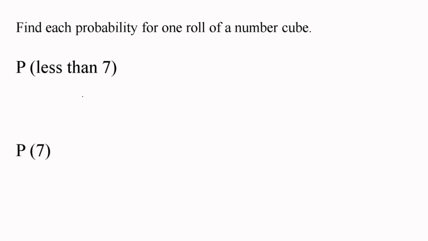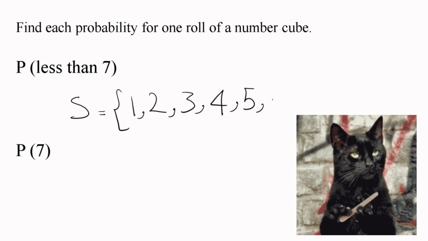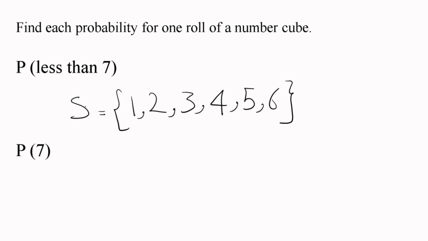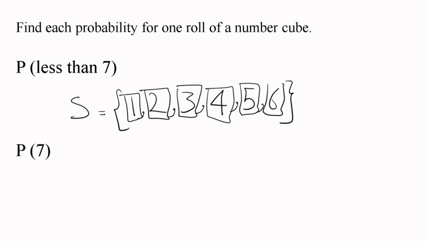Okay. Again, I'm going to write the sample space. 1, 2, 3, 4, 5, and 6. I want to calculate P of less than 7, so I must specify outcomes that are less than 7. Of course, 1 is less than 7, 2 is less than 7, 3 is less than 7, 4, 5, and 6 are less than 7.